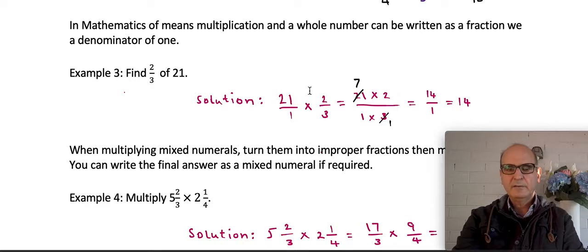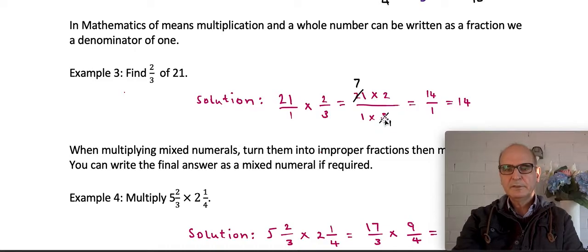Alright, now we multiply the tops, 21 times 2, and 1 times 3. But before going ahead, we have to see if there are any factors that we can divide by. We notice that both 21 and 3 can be divided by 3.